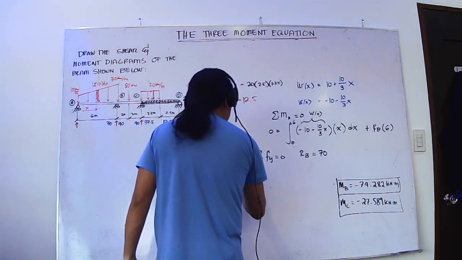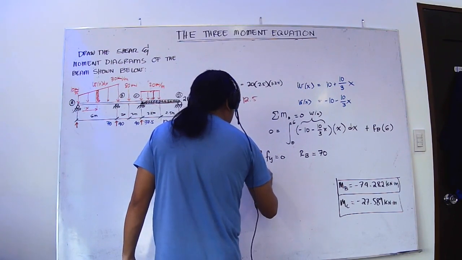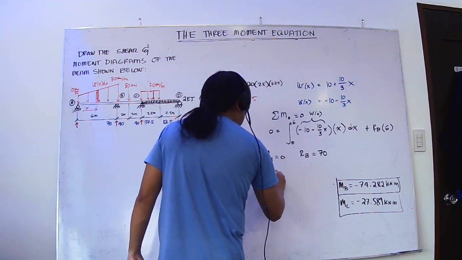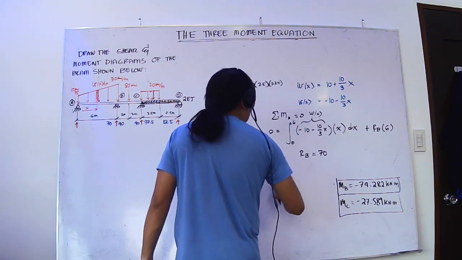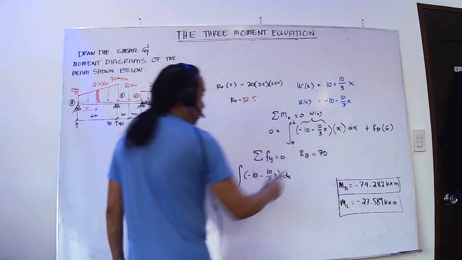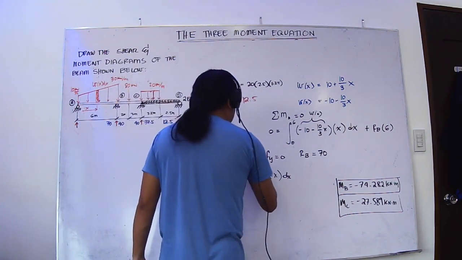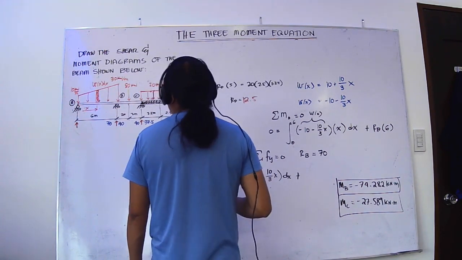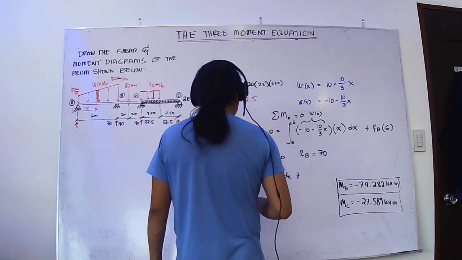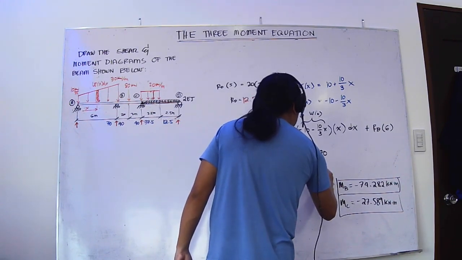So 0 is equal to the integral of the load, wx dx, from 0 to 6, plus RB plus RA.